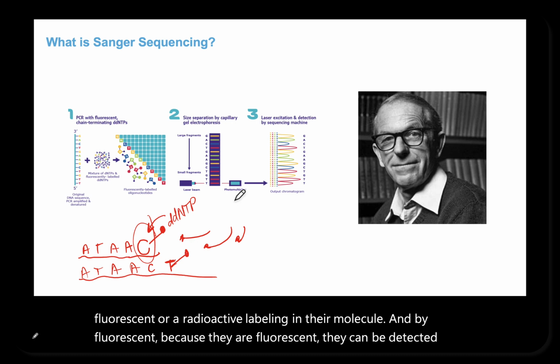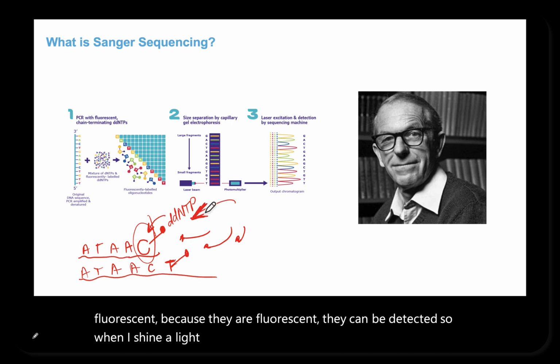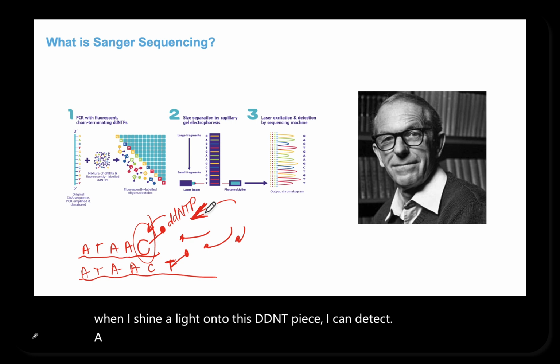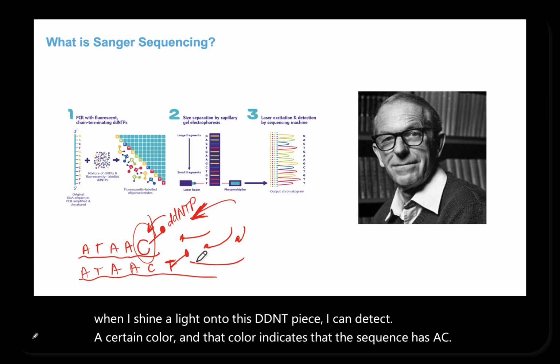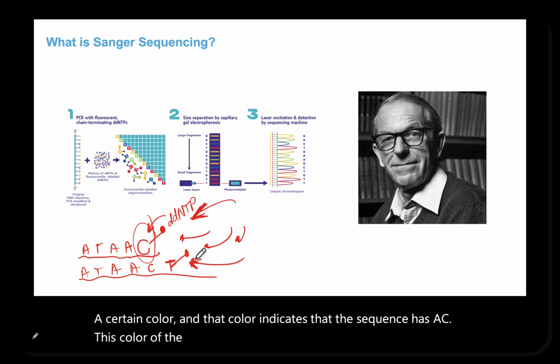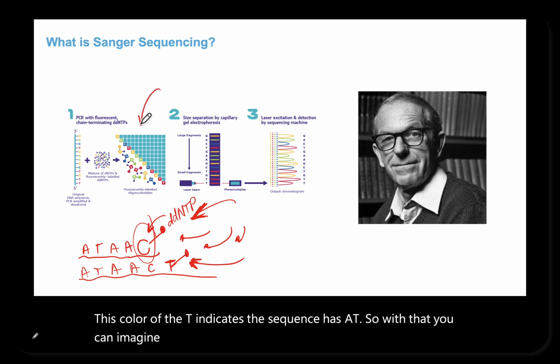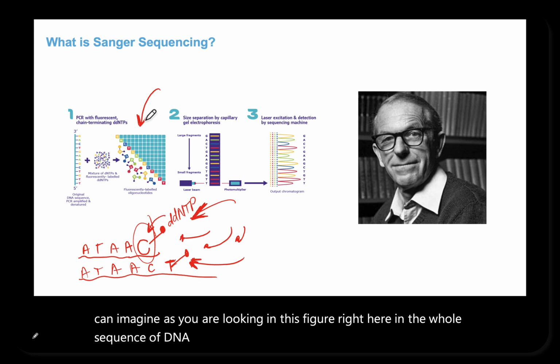So when I shine a light onto these ddNTPs, I can detect a certain color, and that color indicates that the sequence has a C. This other color indicates the sequence has a T. So as you can see in this figure, in the whole sequence of DNA, I can stop that sequence at different points by implementing those ddNTPs.